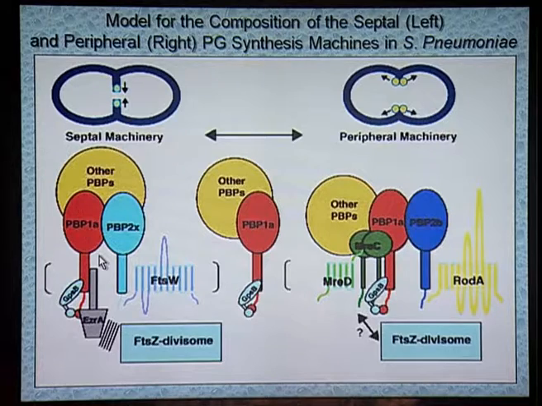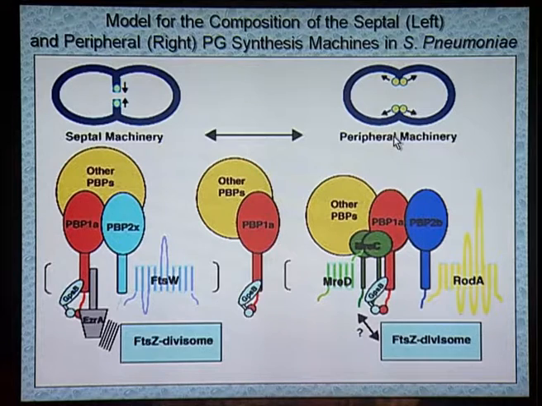Now, along with this, we also move into the second part here. This gives us all the proteins which are required. On the left side, you can see the septal machinery, meaning the proteins which are required for the septal PG synthesis. And on the right here, you can see the machines or proteins required for peripheral PG synthesis.